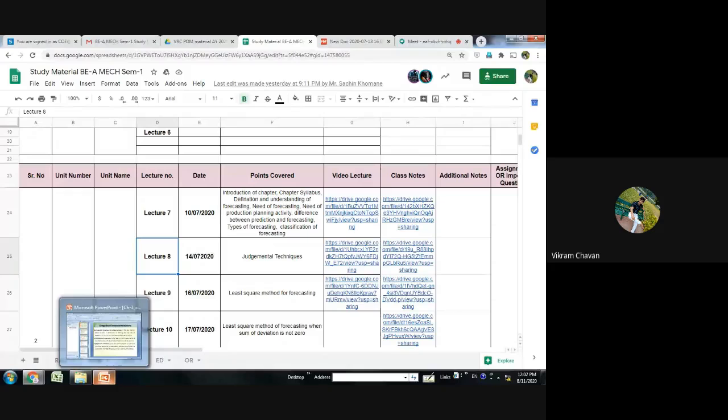Roll number 15, absent. 16. 17, yes, sir. Yogeshwar, 17, yes, sir. Okay. 18, yes, sir, present. 19. 20, yes, sir. Pawan Singh, 19 roll number. 20, yes, sir. Shubham, I think this is your first lecture. Try to attend the lecture, Shubham.